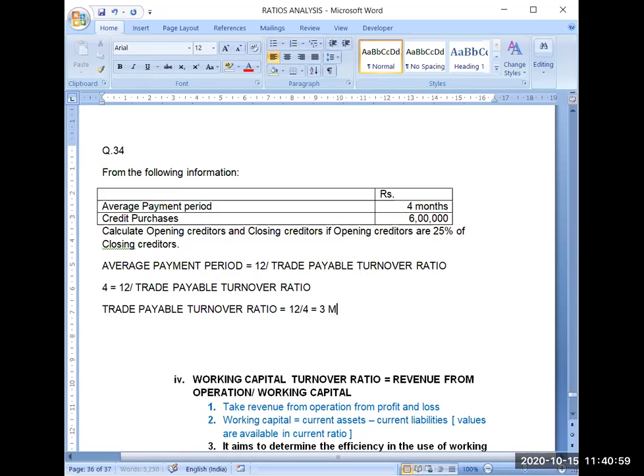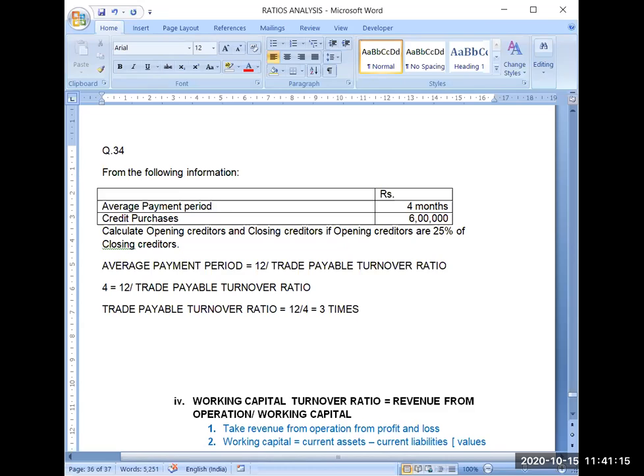It will be equal to 3 months. Sorry, 3 times. Trade payable turnover ratio will be equal to 3 times. So now we know the ratio. We can use the formula of trade payable turnover ratio.